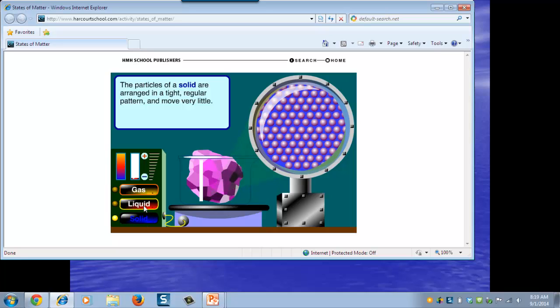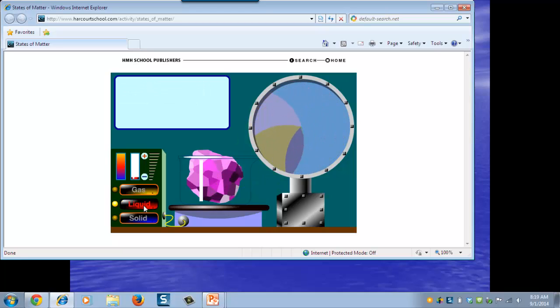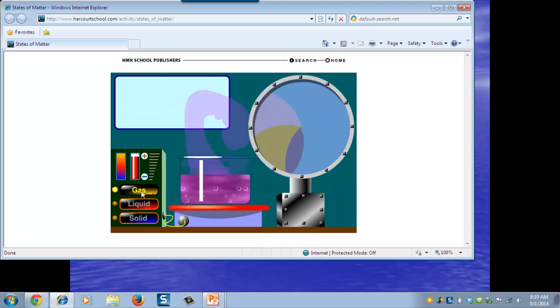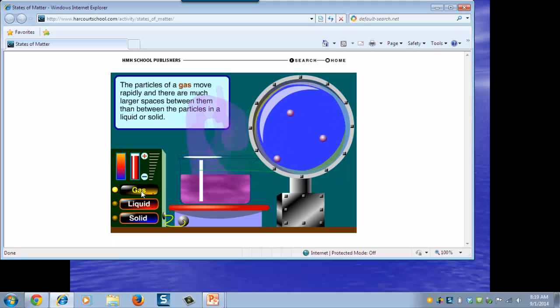Now if you raise the temperature a little bit, we can melt this purple solid. You see here that there's a little bit looser arrangement. Some of the particles are moving around pretty freely, others are just kind of wiggling in place, but the structure has broken down. And then finally, if we boil our liquid, we get a lot of space between the particles and a definite random arrangement. So the entropy is increased from one state to the next.